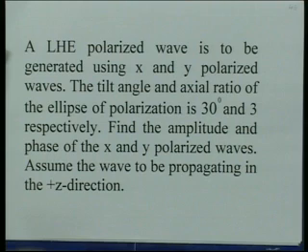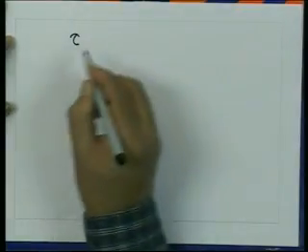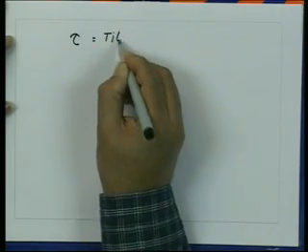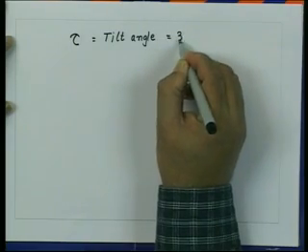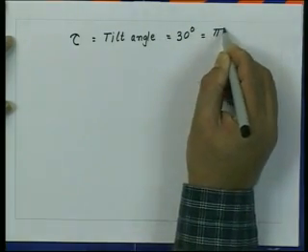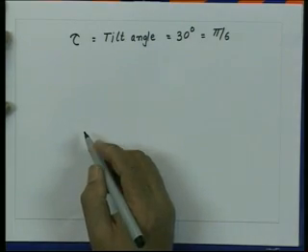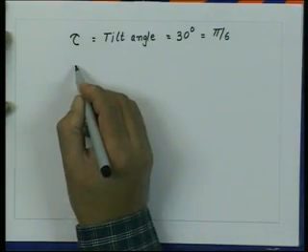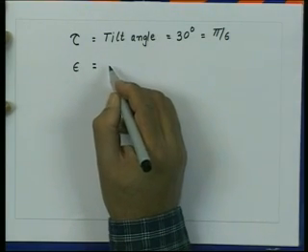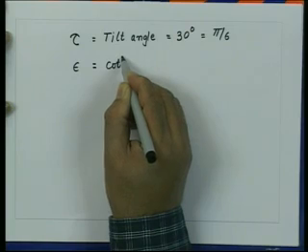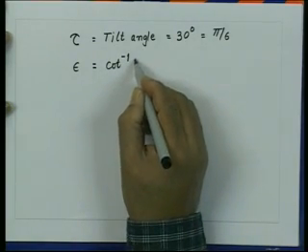So, for this problem, if we go to the notation which we have used in our analysis, essentially we are given the quantities: tau, the tilt angle, that is equal to 30 degrees, so equal to pi by 6 radians, and epsilon, which we have defined as cot inverse of the axial ratio.